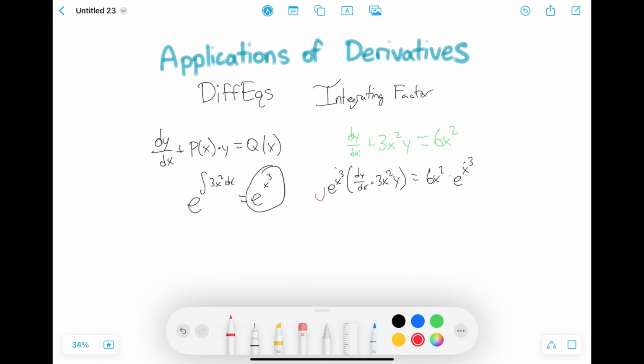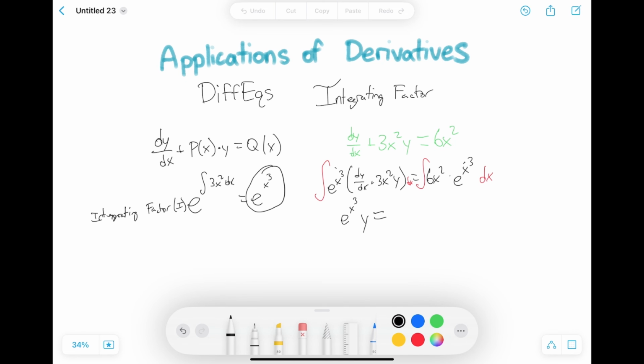If we integrate each side with respect to x, what's going to happen here is this will actually end up being equal to e to the x cubed, which is known as our integrating factor. This integrating factor times y is going to be equal to this integral here.